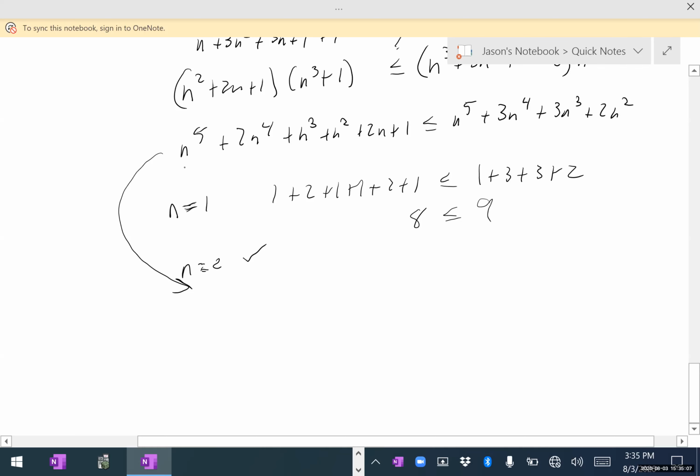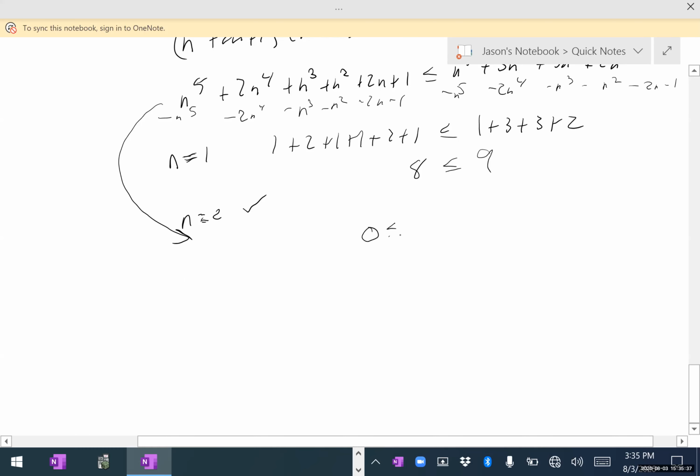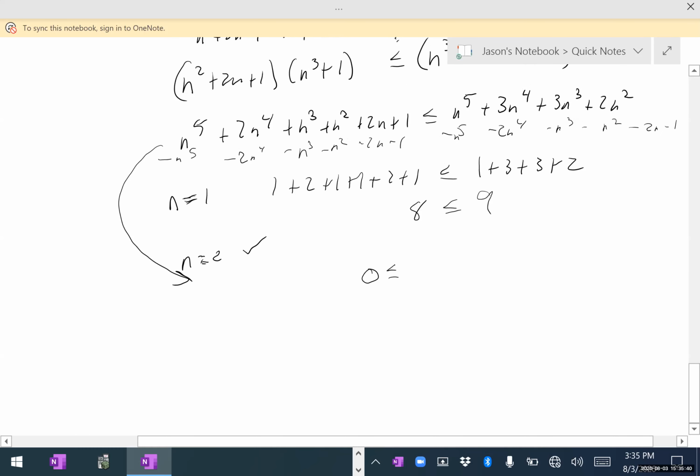So let's subtract n to the fifth power from both sides. Let's subtract 2n to the fourth power. Let's subtract n to the cube power. Let's subtract n squared. Let's subtract 2n and subtract 1. Okay, so that's going to give me 0 is less than or equal to.